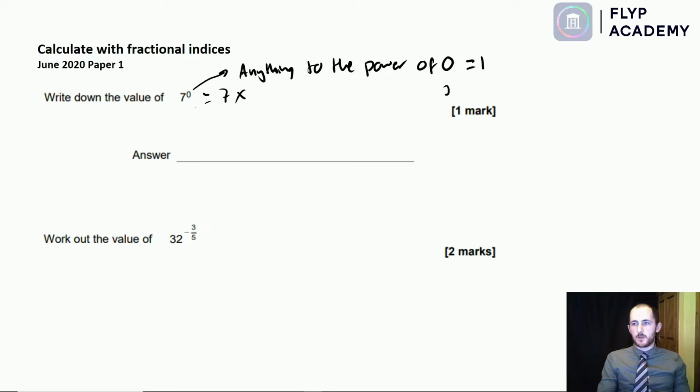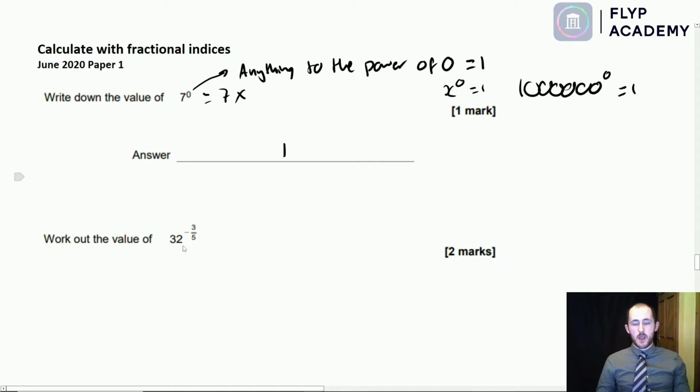Doesn't matter. So x to the 0 equals 1. Whatever that number is, to the power of 0 equals 1. If anything has a power of 0, it is equal to 1. Anything at all. No exceptions, okay? So in this case, my answer is 1. Okay?